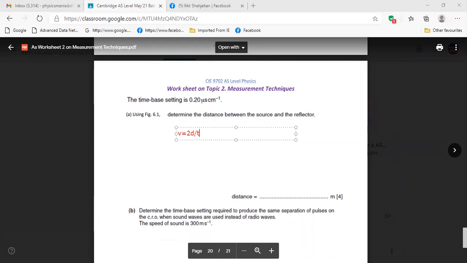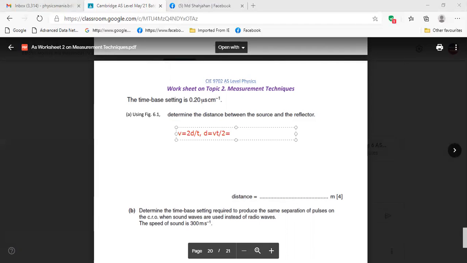Then we have d equals vt by 2, d equals vt by 2.